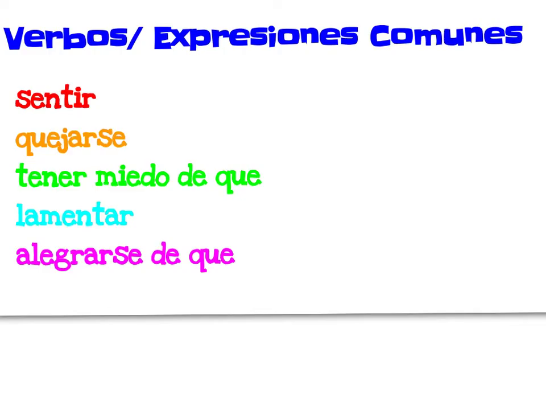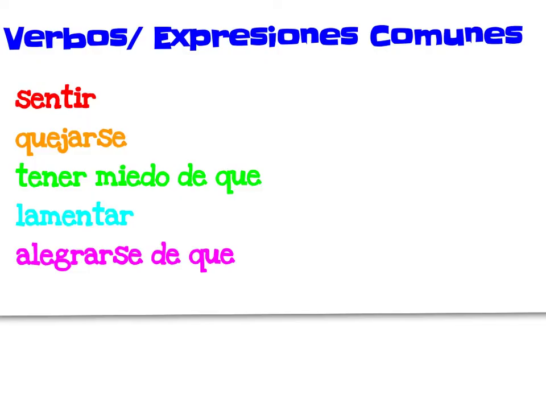Otros verbos muy importantes son sentir, quejarse, tener miedo de que, lamentar, and alegrarse de que. Sentir means to feel. We usually use this with, por ejemplo, yo siento que tu mamá esté enferma. Siento meaning I'm sorry that.